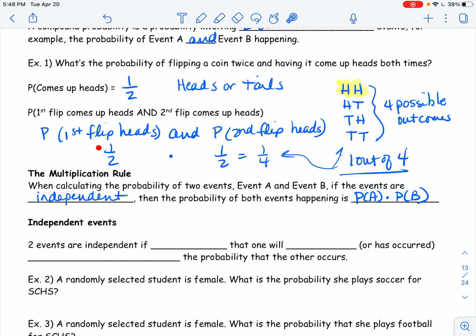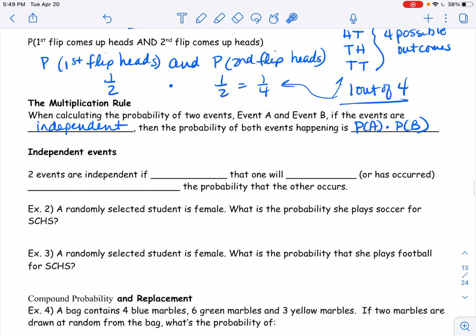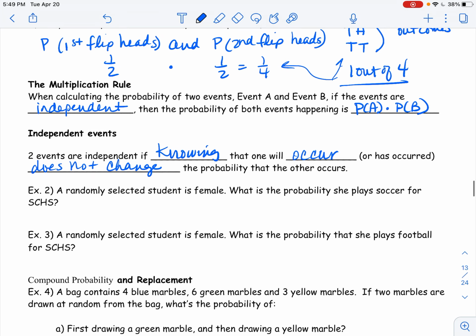Because I flip and get a heads the first time has no effect on flipping the second time and getting a heads. So independent events, it says 2 events are independent if knowing that one will occur or has occurred does not change the probability that the other occurs.